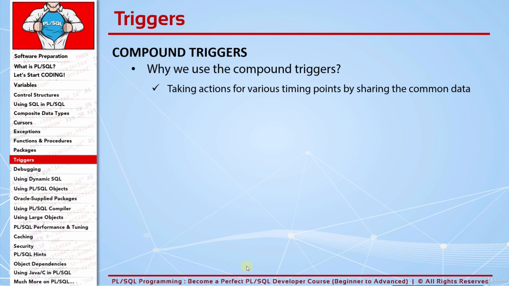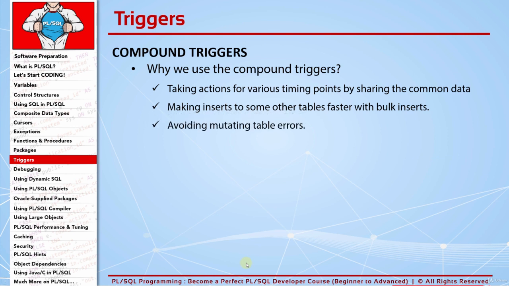This might be useful many times, to make inserts to some other tables faster using bulk inserts. Actually, we haven't seen bulk inserts yet. For now, I can say that instead of inserting rows one by one, we use bulk inserts to make that faster. So your compound trigger will enable you to make faster inserts to the other tables. You will understand better when you see the bulk inserts in the performance section.